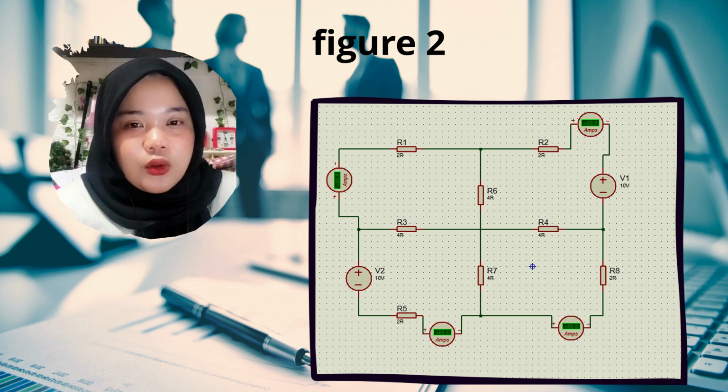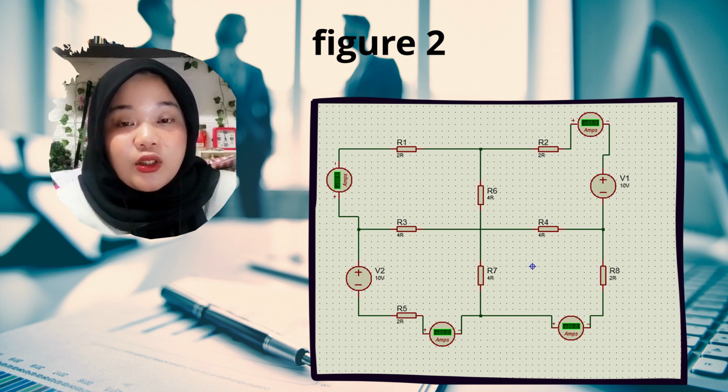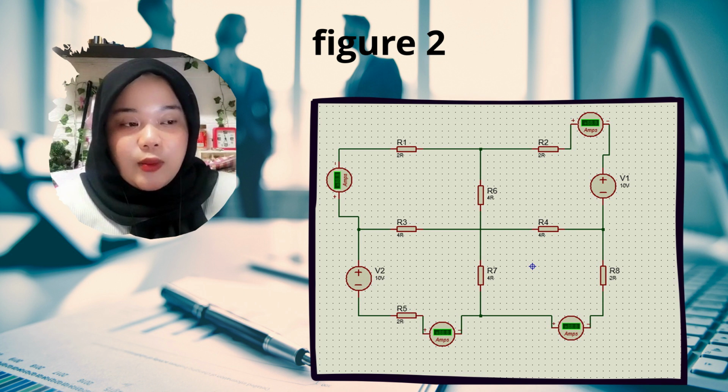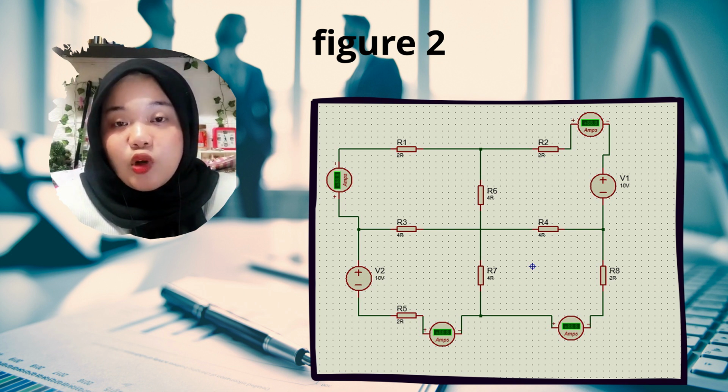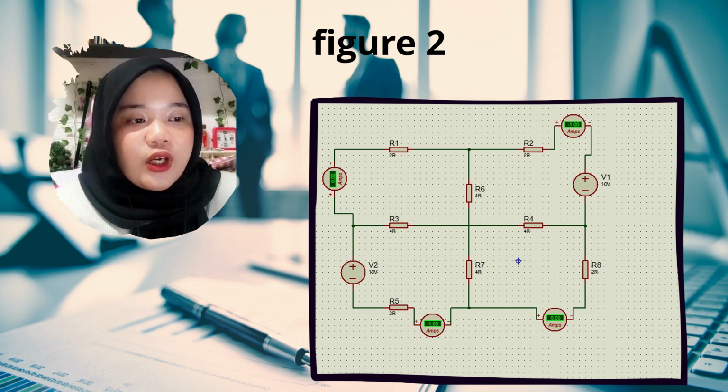We also know that figure 2 uses mesh analysis based on the equations. To find I1, I2, I3 and I4, we need to use the ammeter. When using the ammeter, we need to make sure the ammeter is in the series circuit.